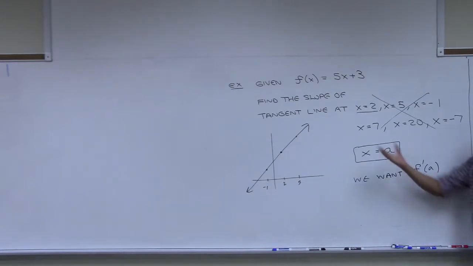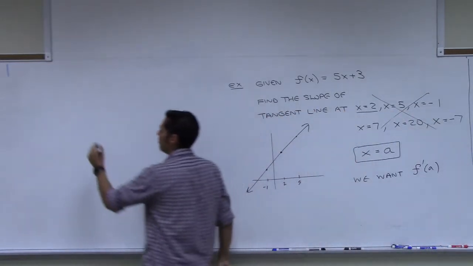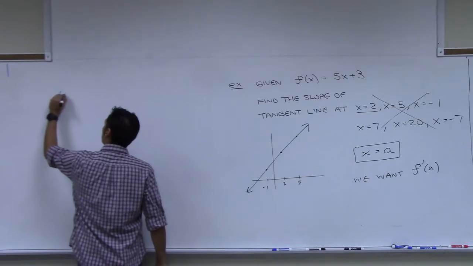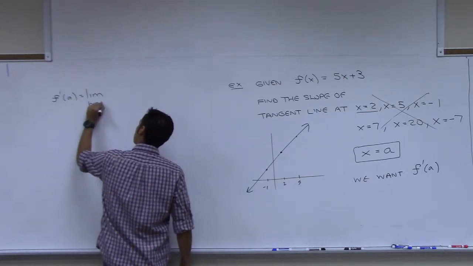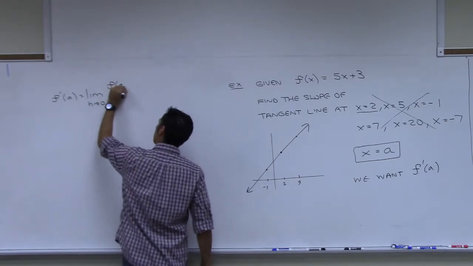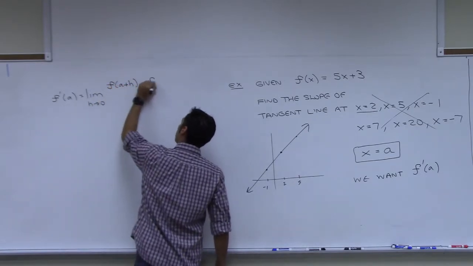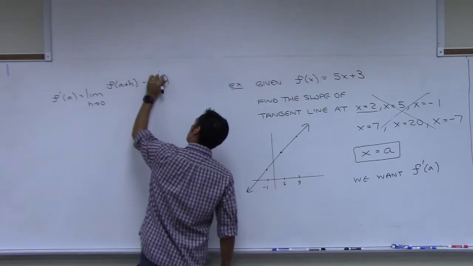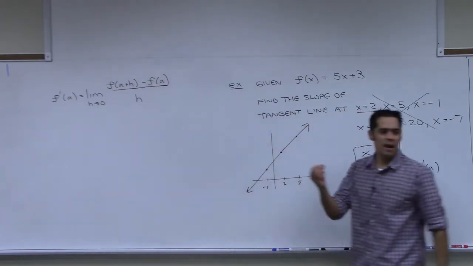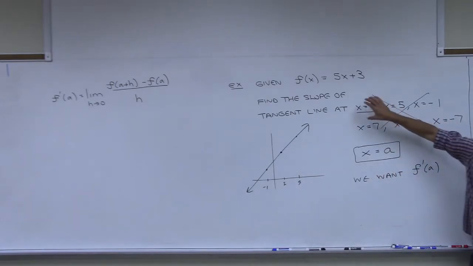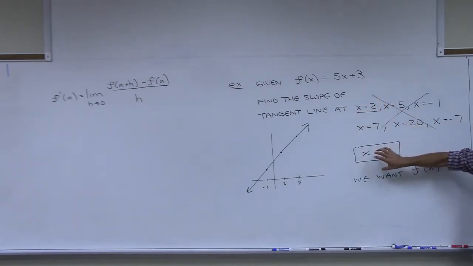All right, let's write the formula for f prime of a. F prime of a, by definition, is limit h goes to 0 of f of a plus h minus f of a all over h.